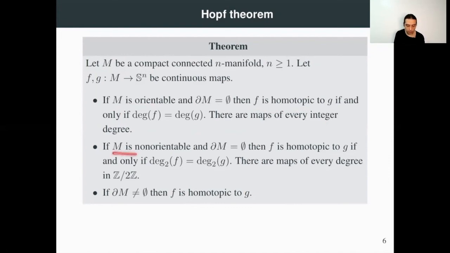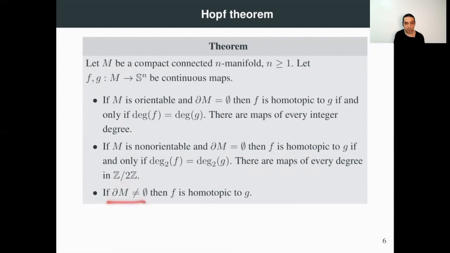We have results also for two other cases. The case where the manifold has no boundary but is non-orientable, and the case where the manifold has a boundary. In the non-orientable boundaryless case, F is homotopic to G if and only if the degrees are the same, but the degrees modulo 2, okay? And there are maps of every degree in the field of integers modulo 2.